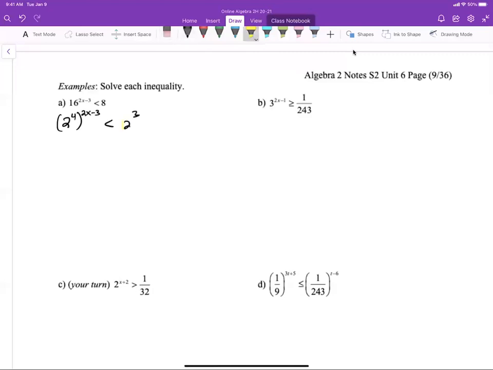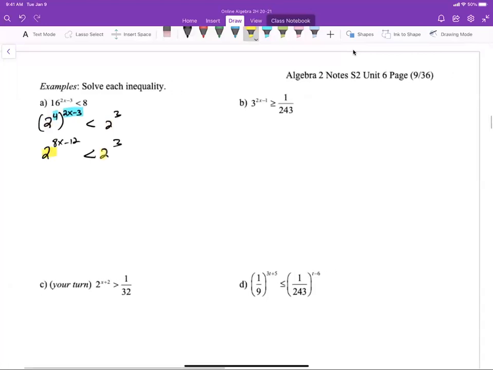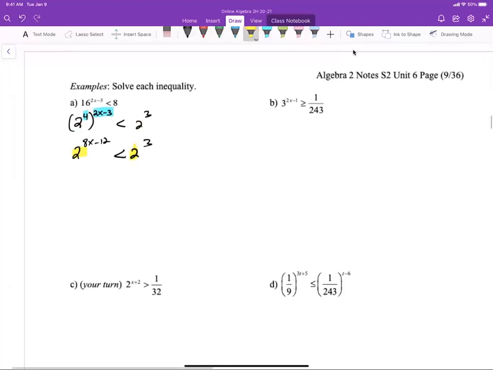Now, our bases are the same. Well, actually, let's go ahead and simplify the one on the left. Let's distribute that 2 to the fourth. We need to multiply this 4 times 2x minus 3 using our power rules. So 2 to the 8x minus 12 is less than 2 to the third. Okay, now the bases are the same and the bases are greater than 1.